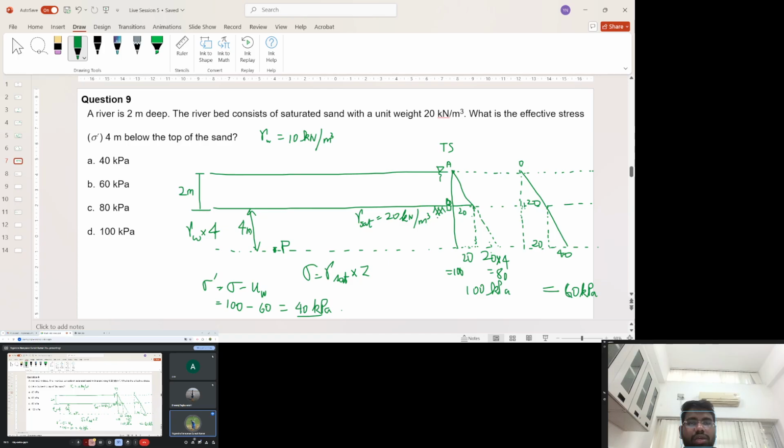This is devoid of porous media, and hence this water pressure also acts on the soil layer beneath it. That is why, in the case of total stress, you take this into consideration. All right, so it will be A.